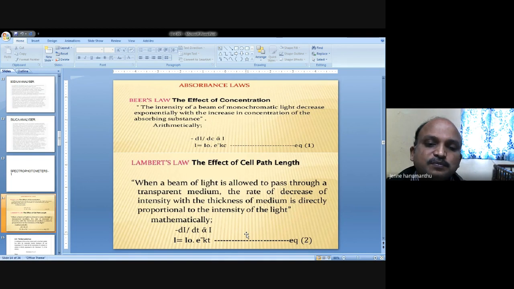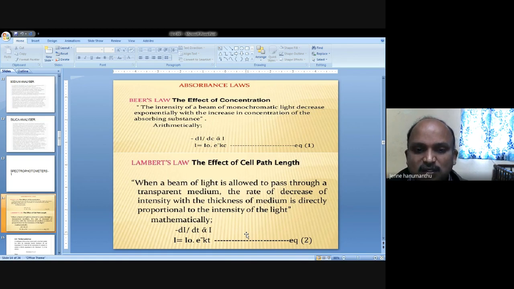If the thickness is very small, you may get maximum light on the output side. If the path length is high and the medium is very thick, you will get very little light.